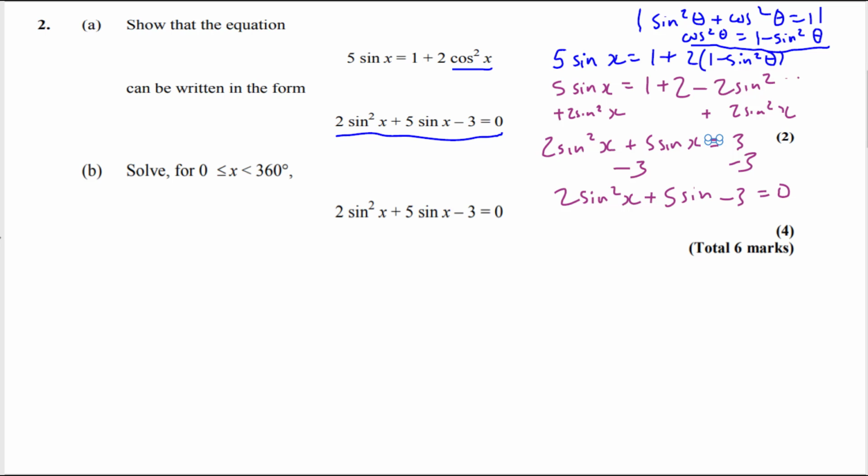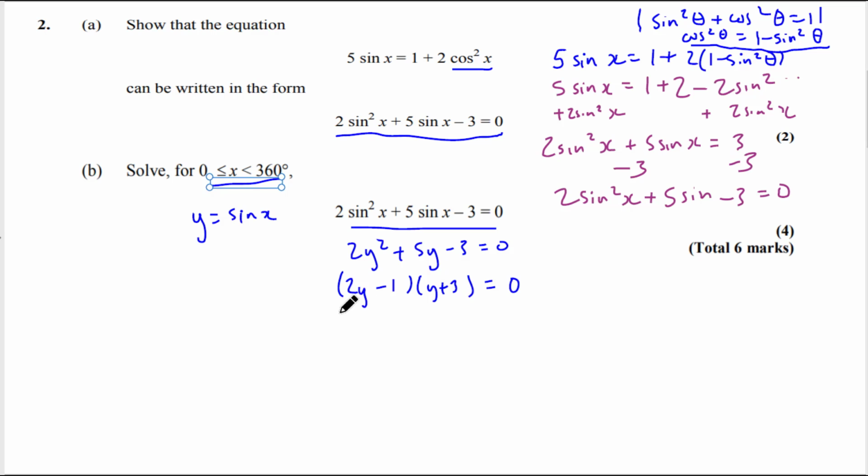Perfect. Now let's look at this question. We still need to solve, and if it helps, look at this as just set y equals sine x. So this is going to be the same as 2y squared plus 5y minus 3 equals 0. So you would just factorise that as normal, whatever is your preferred method.